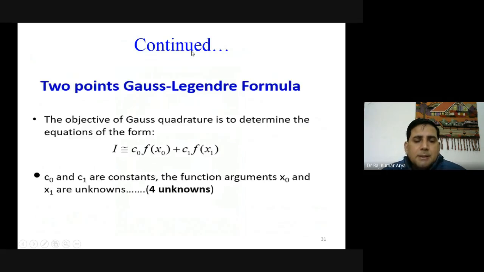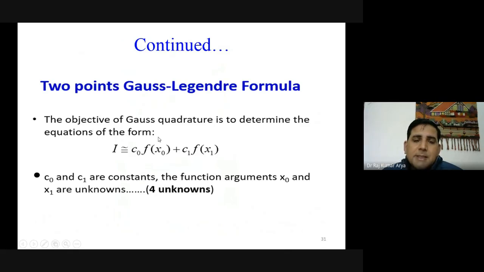Now, what does the 2-point Gauss quadrature say? This is the objective. This function needs to be evaluated at two points, x0 and x1, multiplied by the corresponding weights, and that will give you the integration. So in that case, you are minimizing the need to calculate at several points.